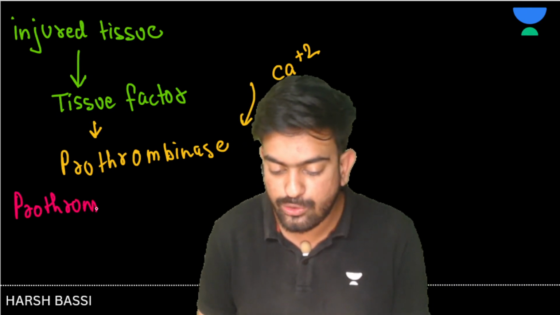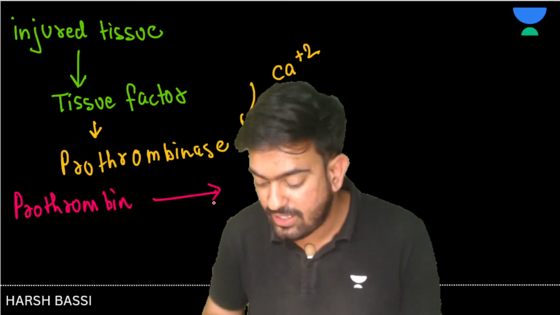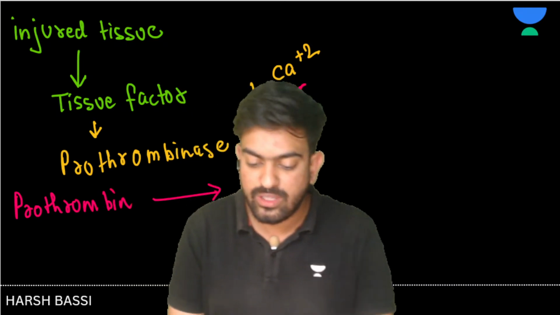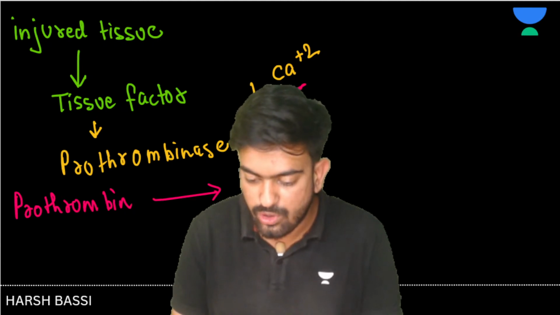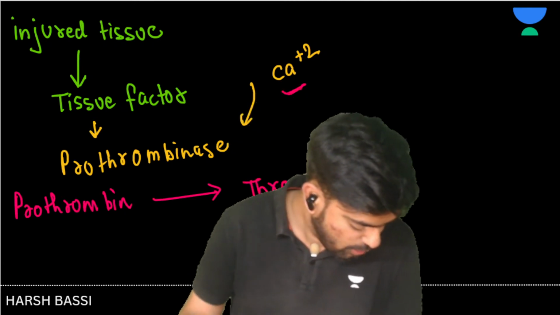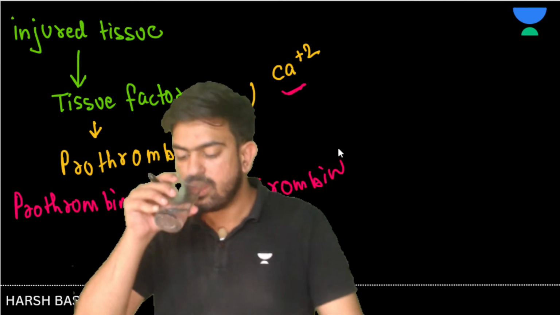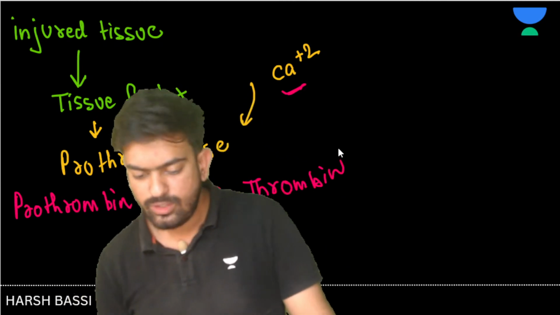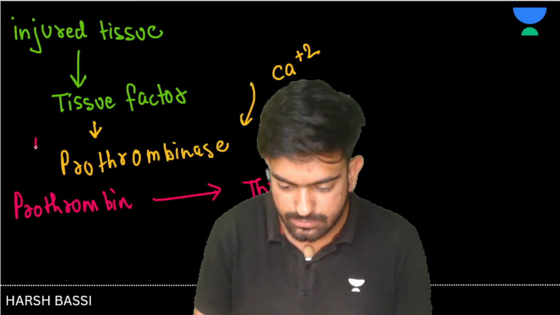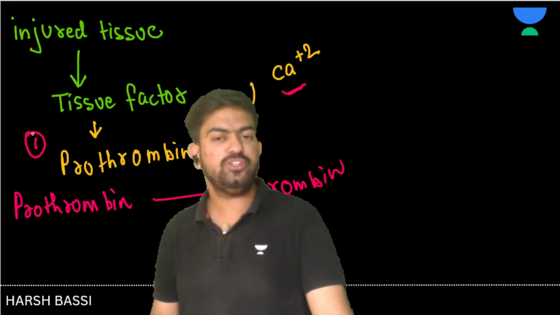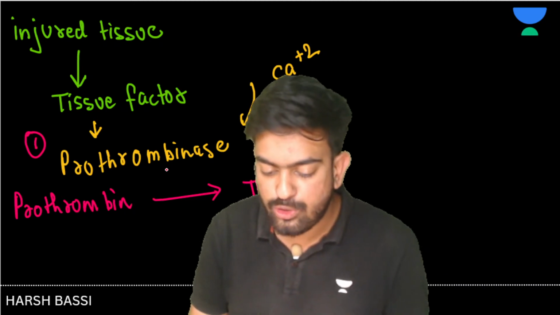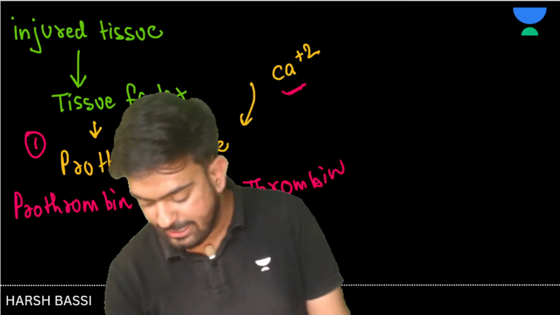Prothrombin will be converted into thrombin. So first step, what happened? Prothrombinase is there, and in the presence of prothrombinase, prothrombin is converted into thrombin.